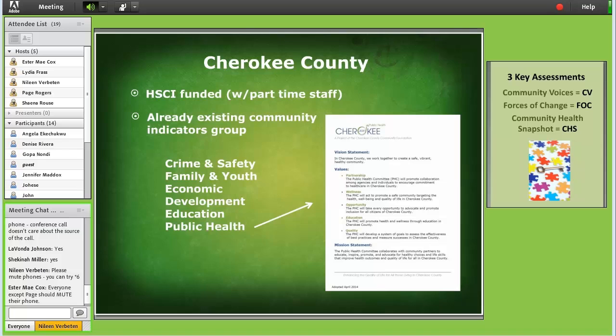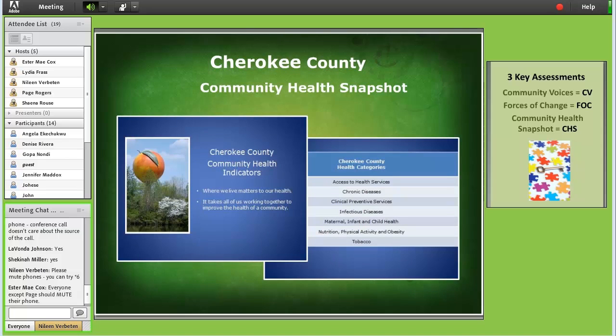In terms of our community health snapshot in Cherokee County, we have not created a formal report yet. We're in the process of doing that. But we do have the information collected in a PowerPoint presentation, and we have shown that a couple of times to a couple of groups.